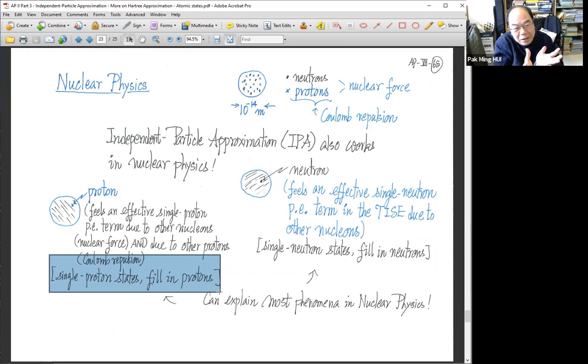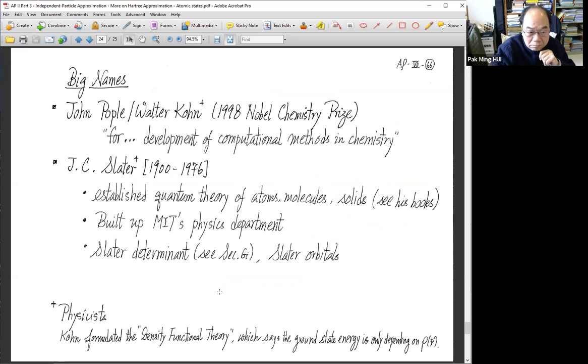Okay, so this simple independent particle approximation actually is a very powerful approach in many different areas. And some Nobel Prizes in nuclear physics were awarded within this picture, the shell model. Another reason why I make this discussion is that there are some big names that you should know.